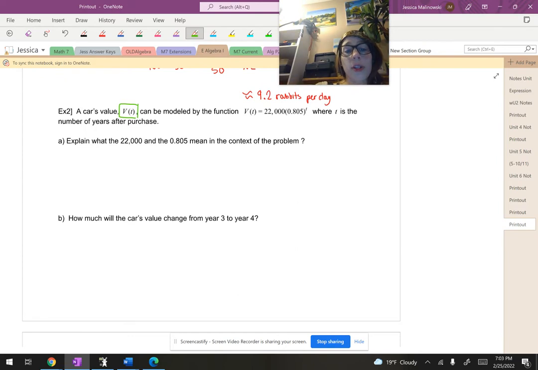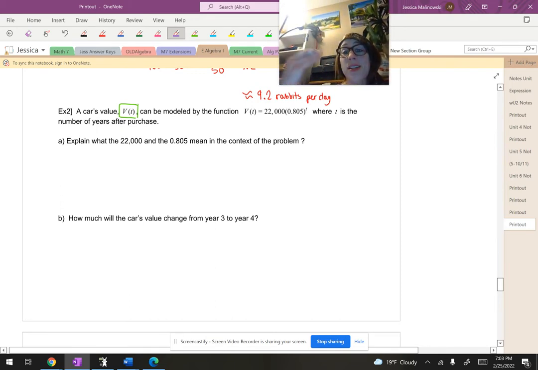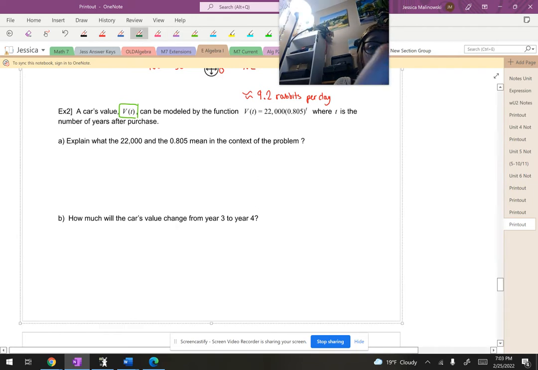Explain what the 22,000 and the 0.805 represent or mean in the context of the problem. Always write a sentence about what the problem is talking about. So just per usual, that 22,000 is in the spot of that initial value, that starting value. So I'm going to start off.